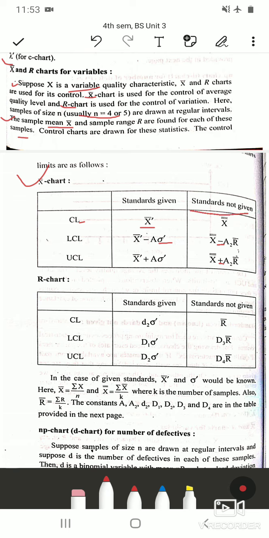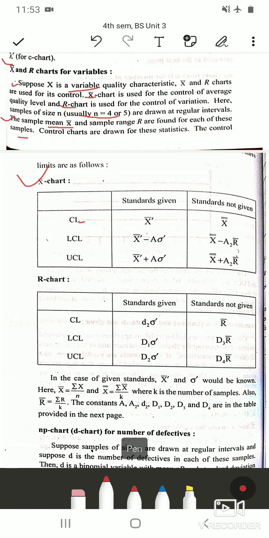When standards are not given, the constant is A2, and we will see the value of A2. When standards are given, you have to take A. They will give the standard deviation or the variation and the average, all will be given, and you only have to construct the chart. When standards are not given, you have to find all those terms and then construct the chart.